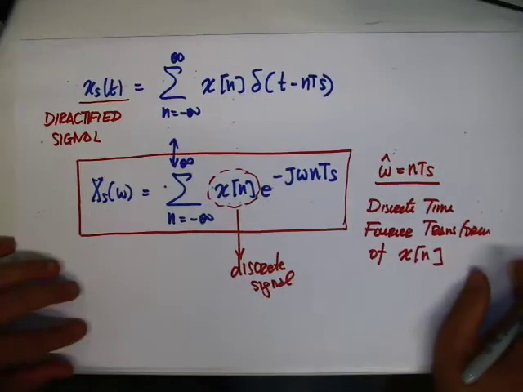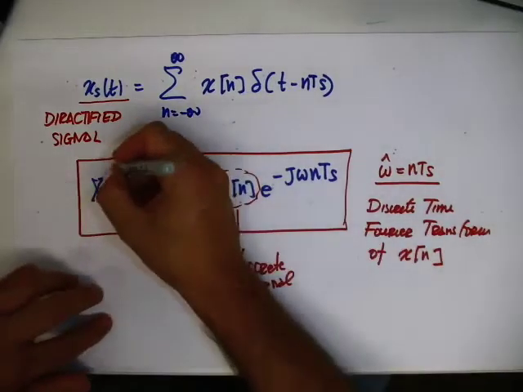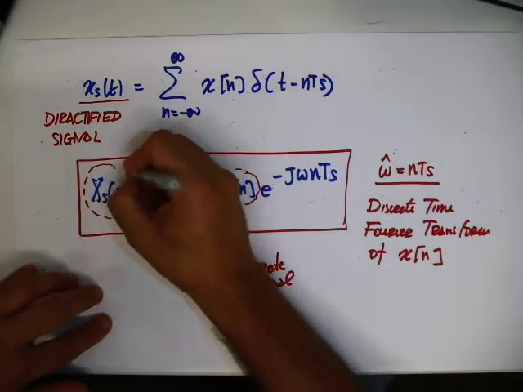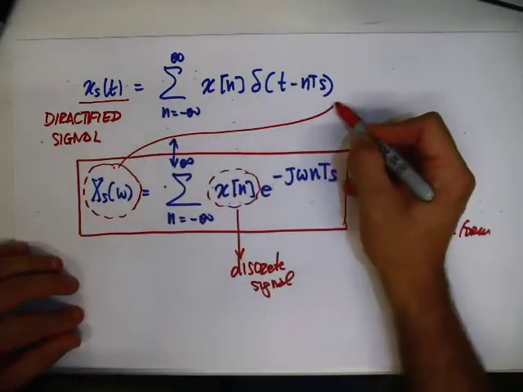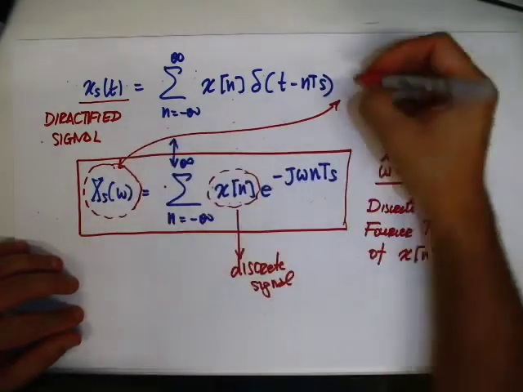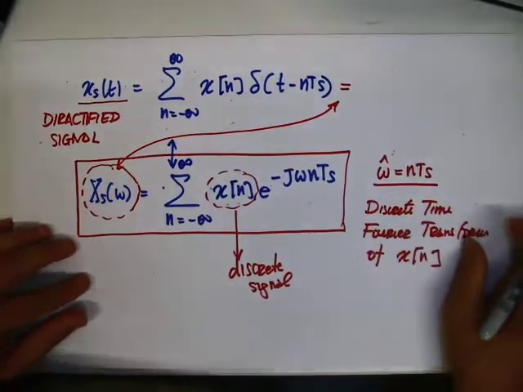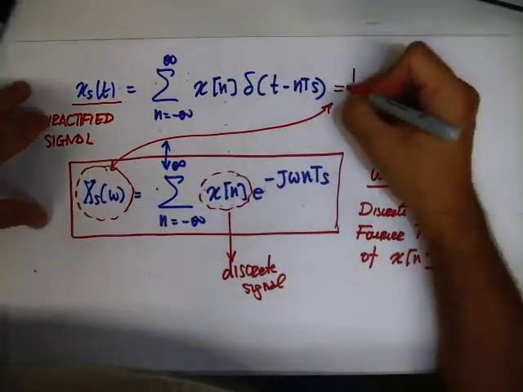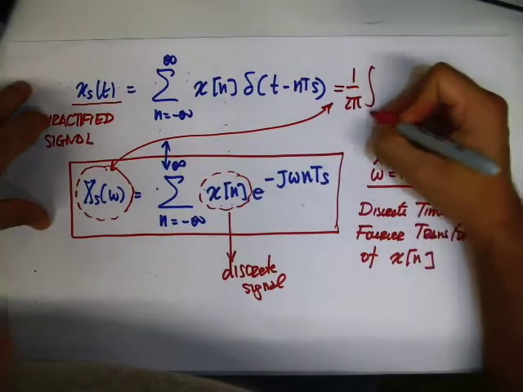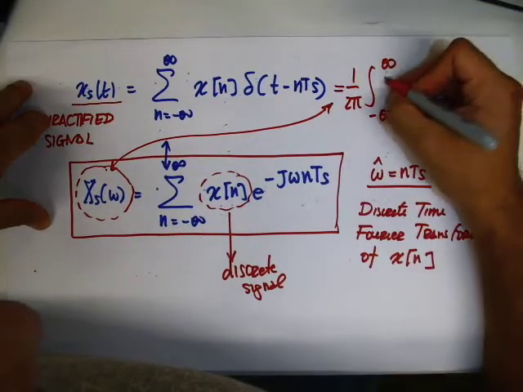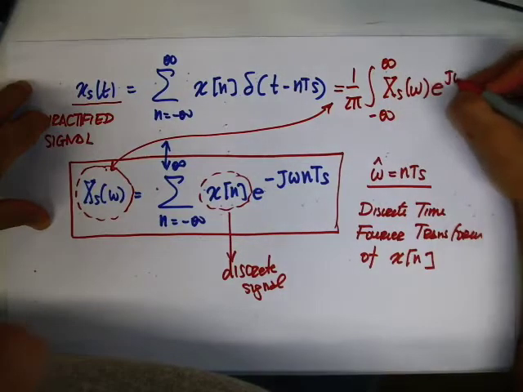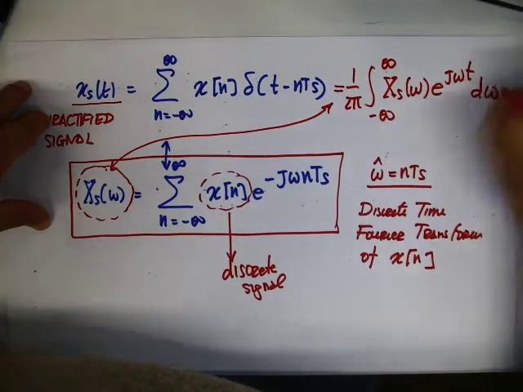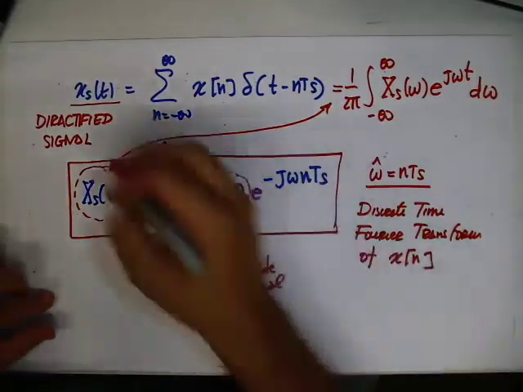And of course, given the spectrum, we can recover the original signal, the Diractified signal, as the inverse Fourier transform, the integral from minus infinity to infinity of X_s(omega) e^(j omega t) d omega. Okay?